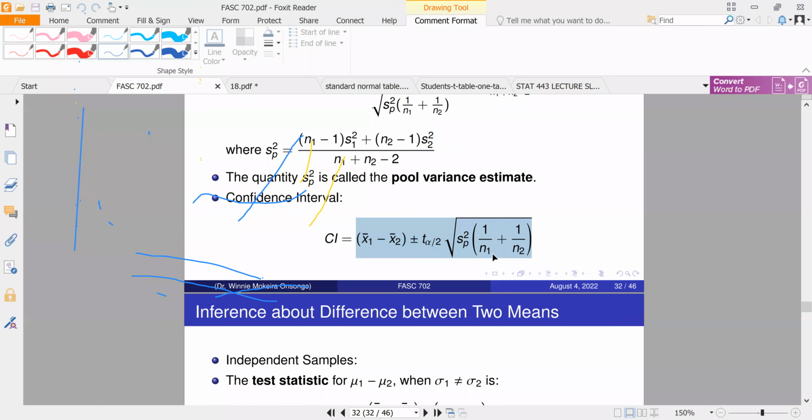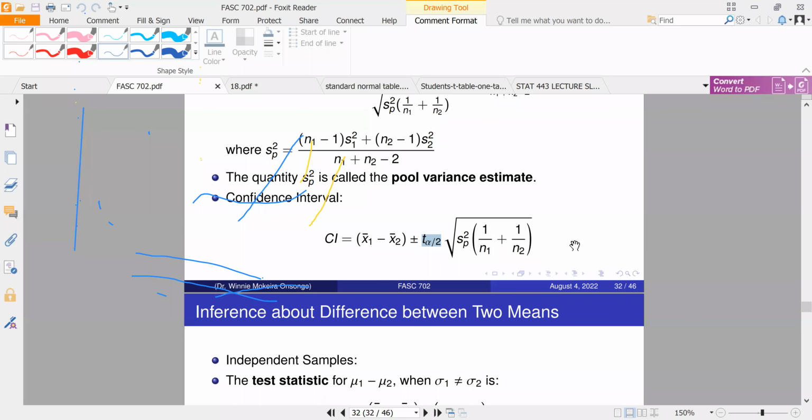Now, of course, if n1 plus n2 exceeds 30, you use the normal distribution, you use Z values. But if n1 plus n2 is less than 30, then you use the student t distribution. Now, that is the difference.